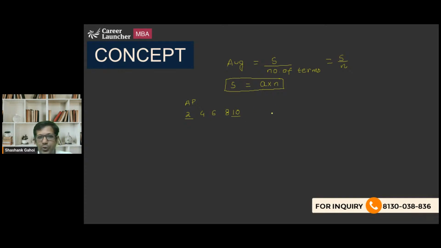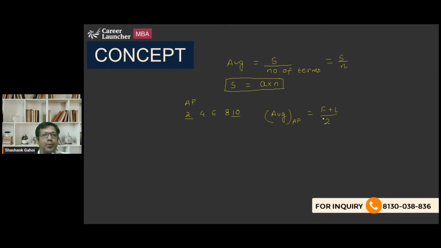That is always true, irrespective of the number of terms and irrespective of the common difference. Apart from that there is no formula for the average of an AP. The sum divided by number of terms is always there, but this statement is true only for arithmetic progression. Apart from this, it is never true.